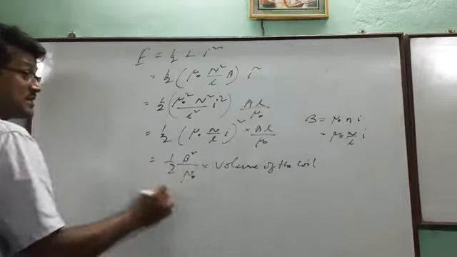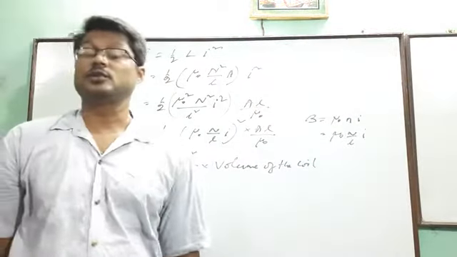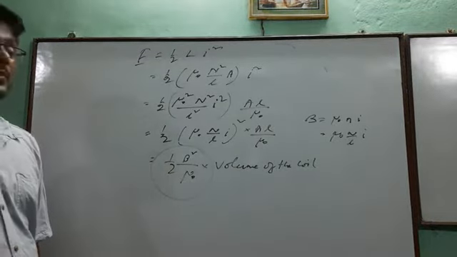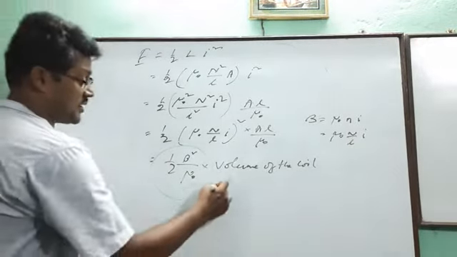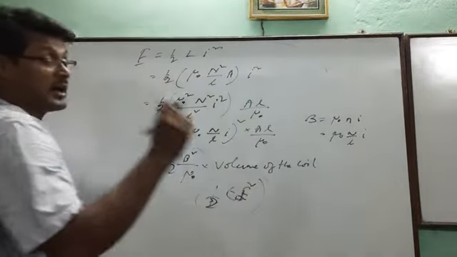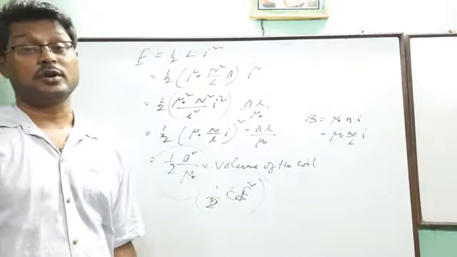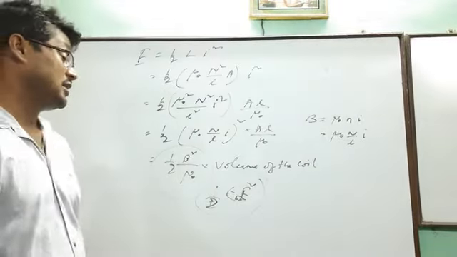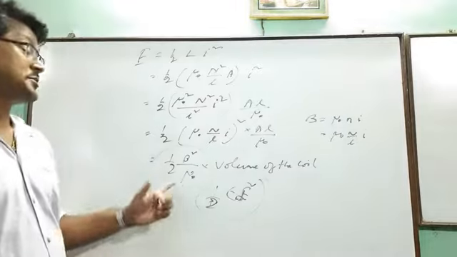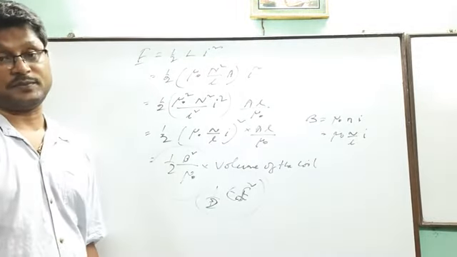This is the term which is known as magnetic energy density. And previously we have seen the electric energy density is half epsilon 0 E square. In the electrostatic chapter, at the time of Gauss's theorem, we saw that this is the expression for electrostatic energy density.